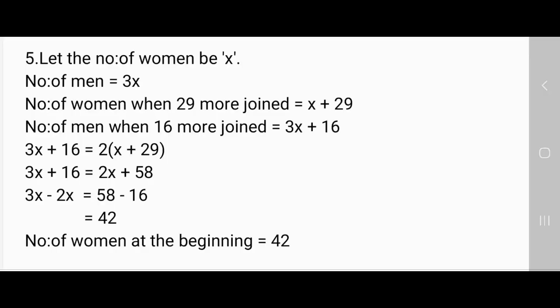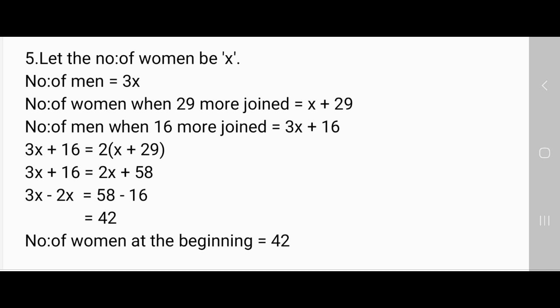Let the number of women be x. Number of men is equal to thrice the number of women, that means 3x. Number of women when 29 more joined, more means addition, so x plus 29.